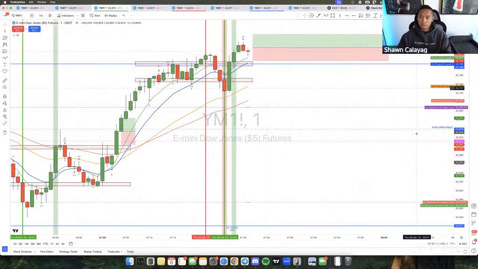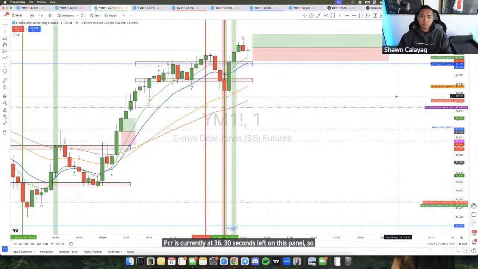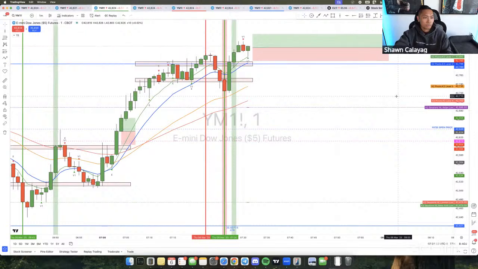Got 30 seconds left on this candle, so we got some time. Candle closing in about 20 seconds. We got 10 seconds till candle close. Candle closing in about 5, 4, 3, 2, and 1.